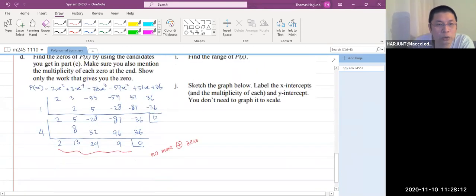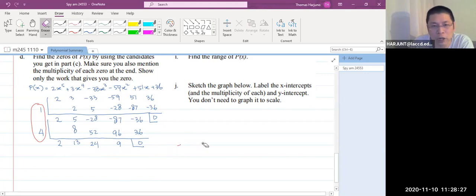Now, we already get those 2. We already get those 2 positive zeros. And from this quotient, polynomial quotient, we see that there's no more positive zeros. In other words, you should not try positive 2 anymore. You should not try positive, actually 2 will not work, right? You should not try positive 3, you should not try positive 9.